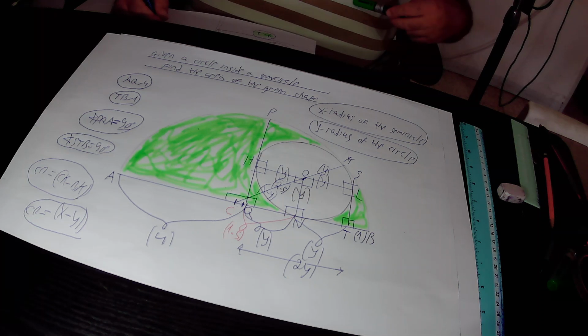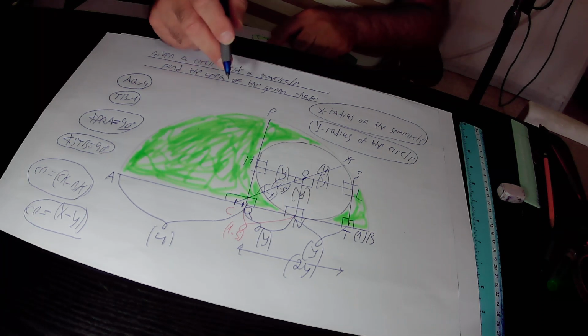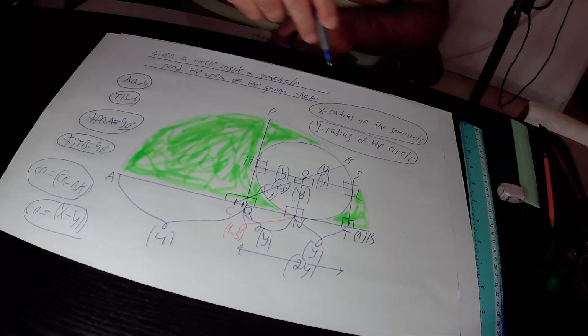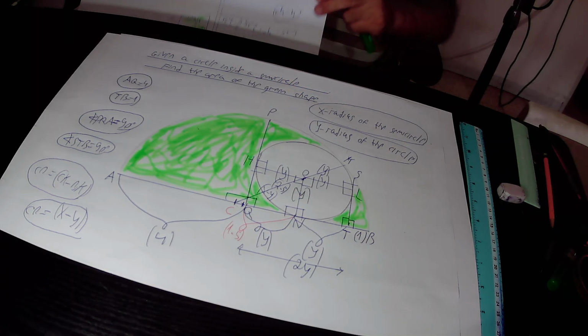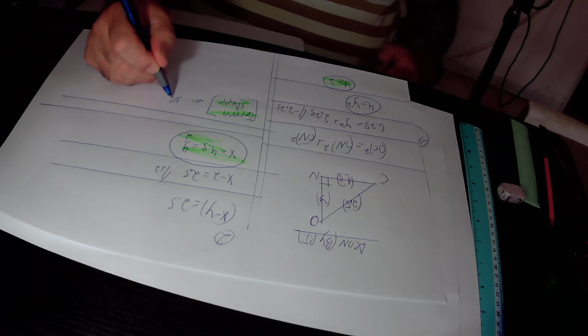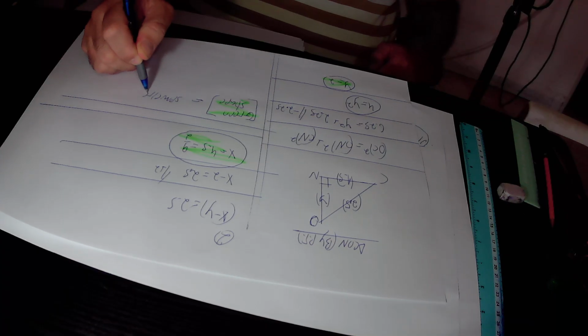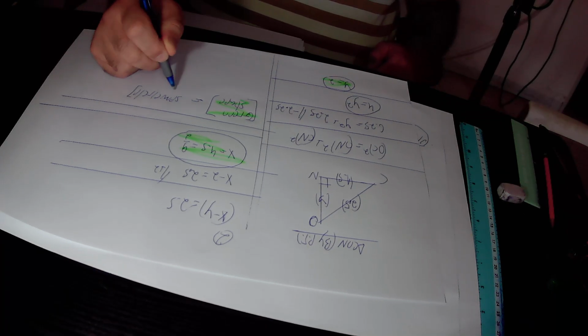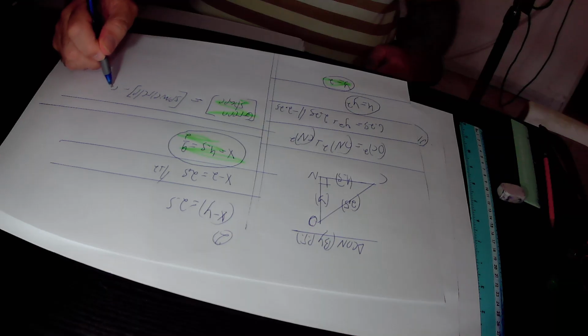From the drawing, it is very easy to see that the area of this green shape equals the area of the big semicircle minus the area of the small circle.